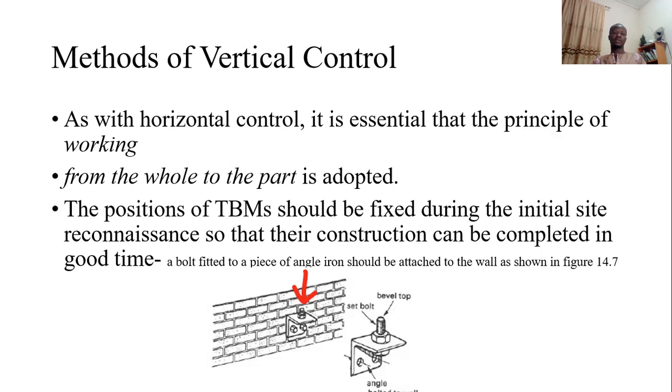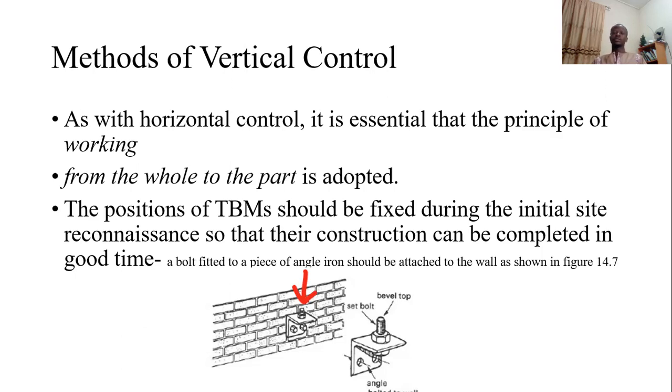So let's look at these things. The positions of TBMs, so these are temporary benchmarks, that's what you call it, should be fixed during the initial site reconnaissance so that their construction can be completed in good time.